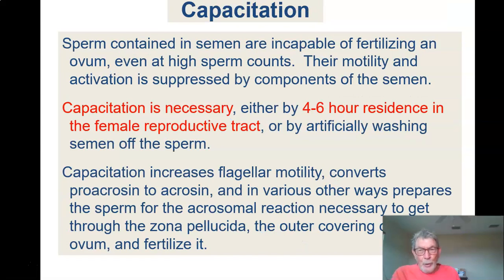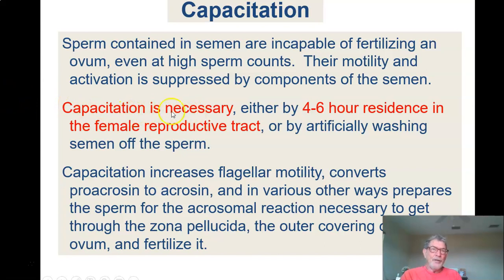Now, after the sperm gets into the female vagina, the sperm has been pretty well prevented from swimming around while it's in the male system by a rather thick semen. It has to be what's called capacitated before it can start swimming freely and try to make its way all the way up to the egg. So capacitation is necessary.